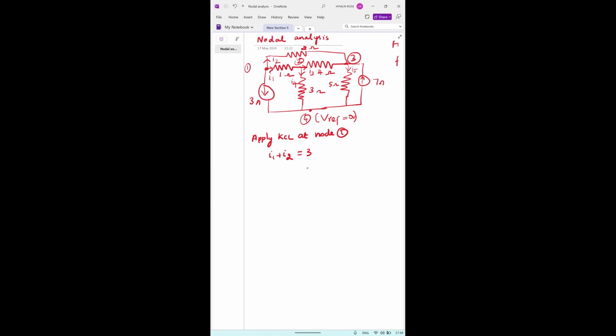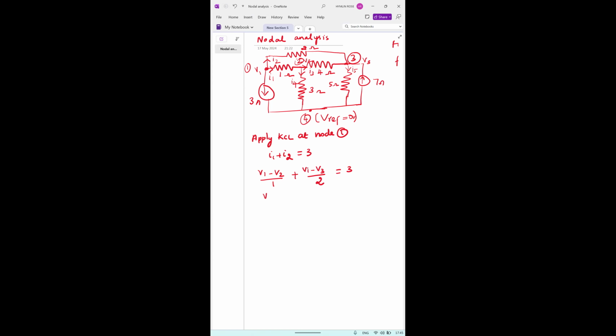So what is I1? The node voltage at this node we take as V1, this is V2, and this is V3. So (V1 minus V2) by 1 plus, the second one is the 2 ohm between node 3 and node 1, so (V1 minus V3) by 2, is equal to 3.